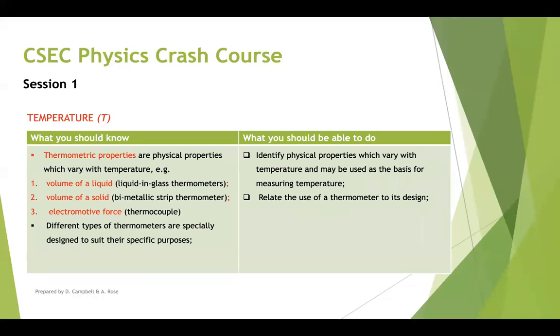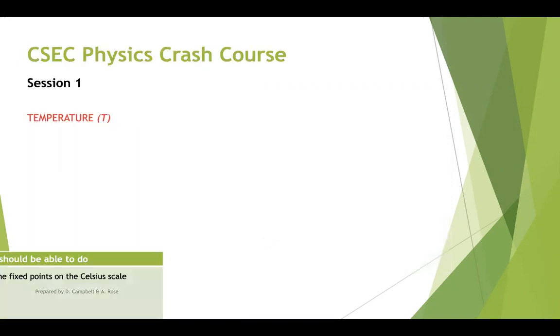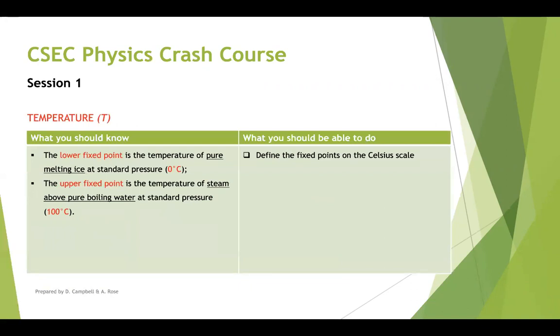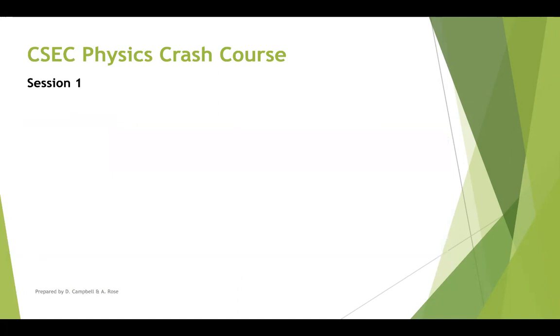And in the thermocouple thermometer, the temperature would be a reflection of the electromotive force, right? So we have different thermometers using different properties of matter. All right. So once you know these thermometric properties, you should be able to identify properties which change with temperature.